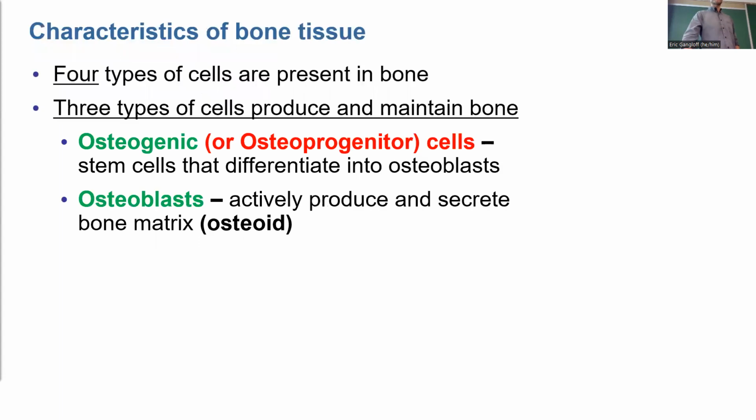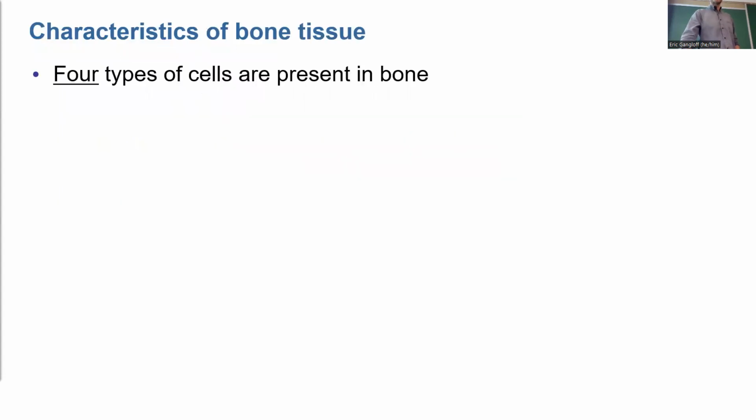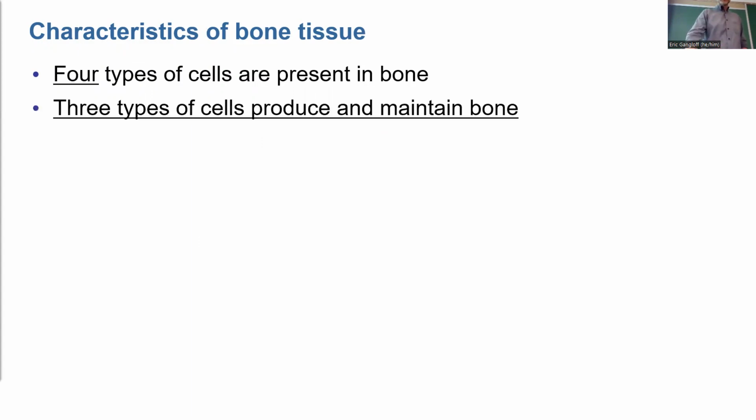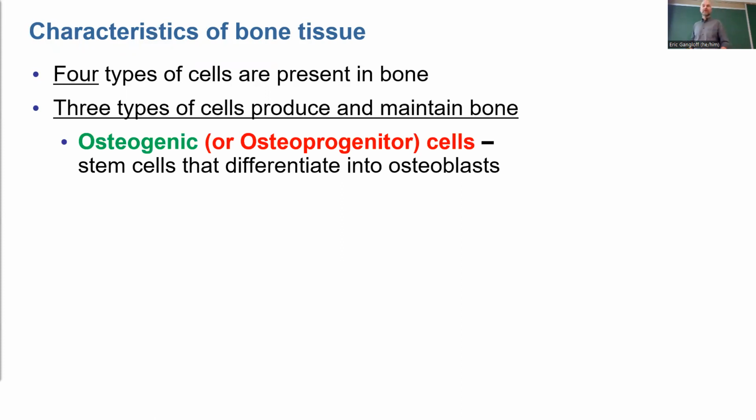Just as a reminder, we covered this on Wednesday, but I want to back up for a second just to offer a quick refresher. Remember, there are 4 types of cells present in bone, and 3 of these types are responsible for producing and maintaining the actual bone structure. These include osteogenic cells.